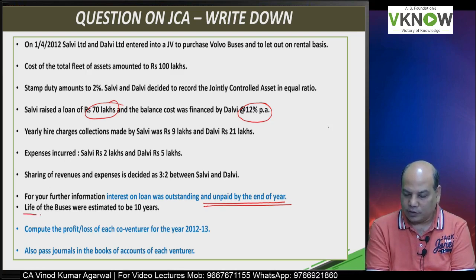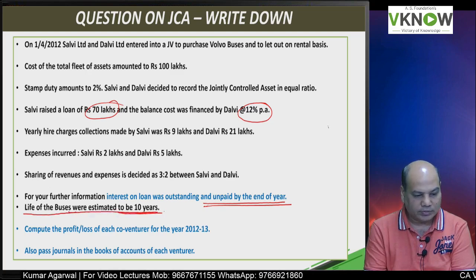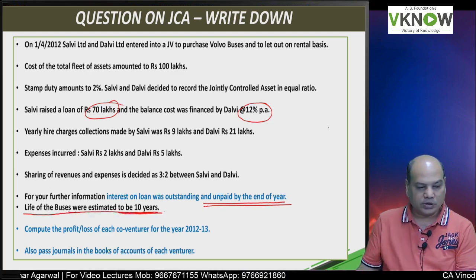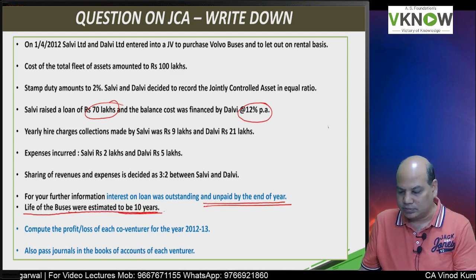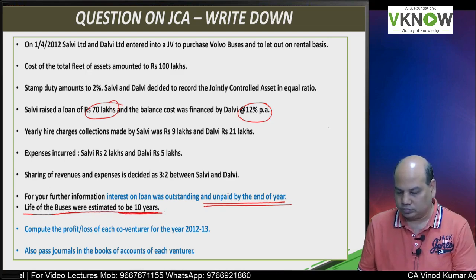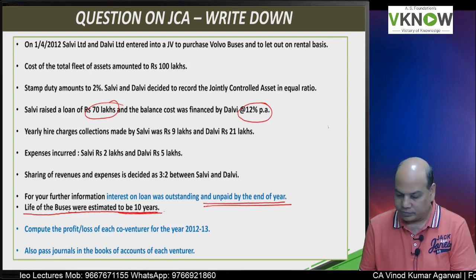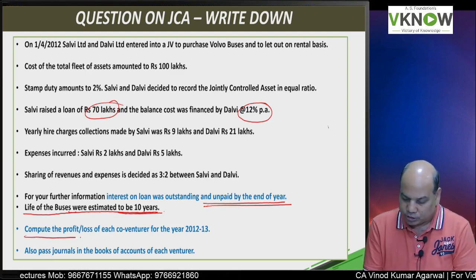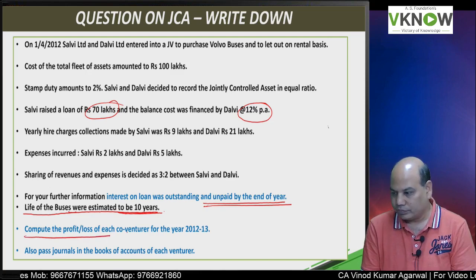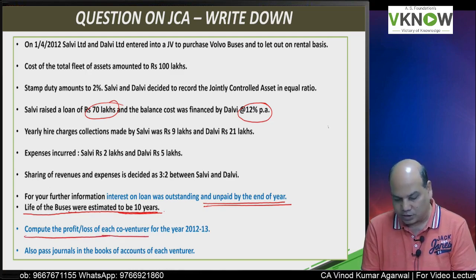Next line, life of the buses were estimated to be 10 years. Then write down, compute the profit or loss of each co-venturer.